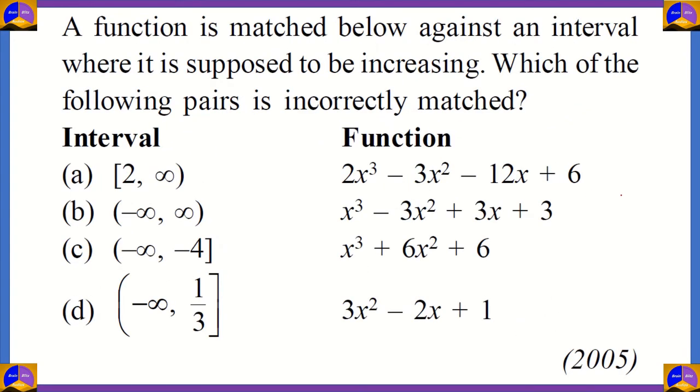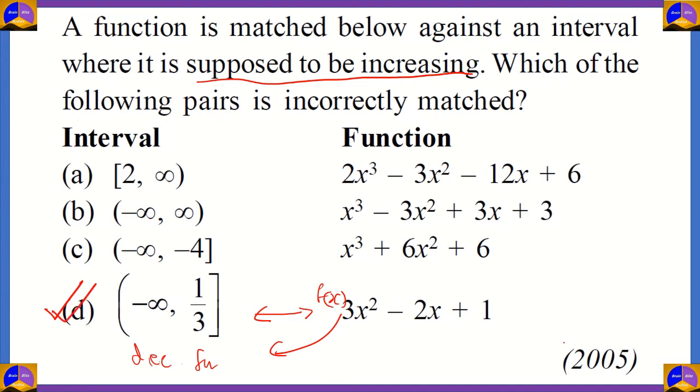But if you take the interval here, which is open interval minus infinity to closed interval 1 by 3, you find that the interval gives you the decreasing function for f of x. So that means the interval and the function are not correctly matched for the condition that f of x is increasing. So therefore option D is the correct option for this question.